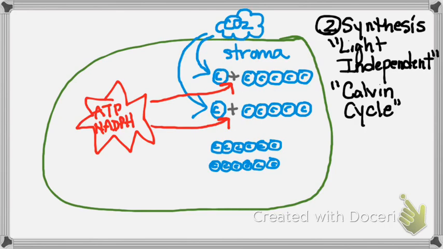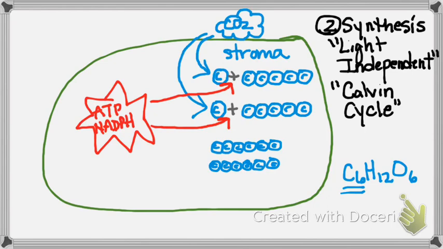Now here's something interesting that happens. They don't want all these 6 carbons staying together. We're going to be making glucose, which is C6H12O6. So it's got 6 carbons in it.